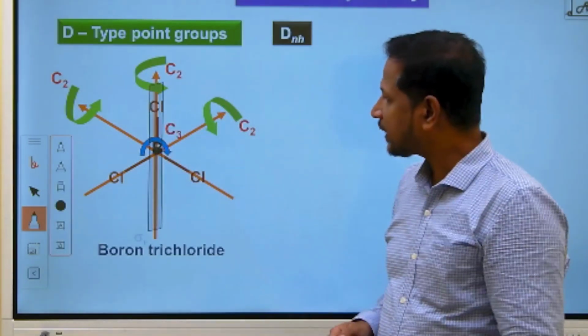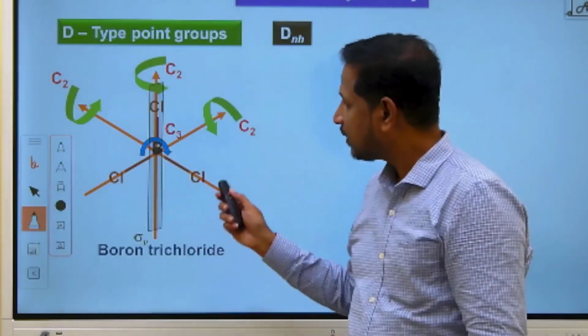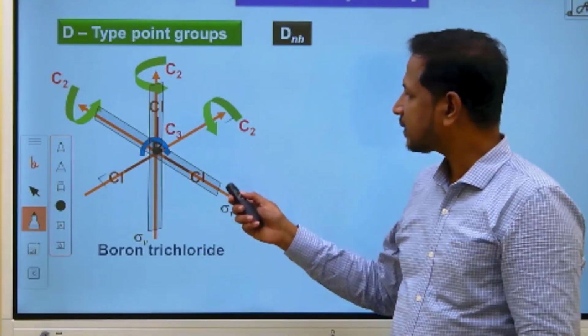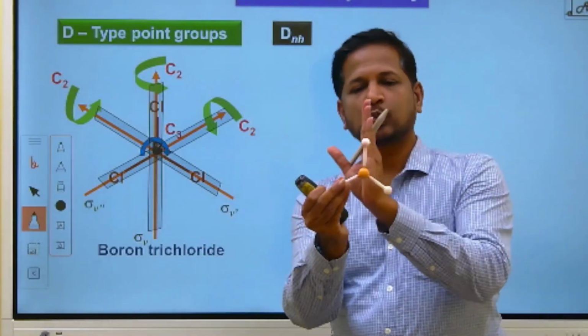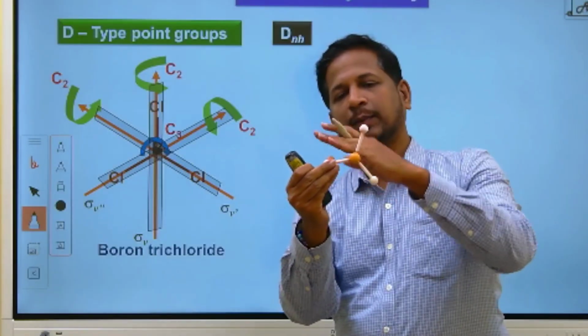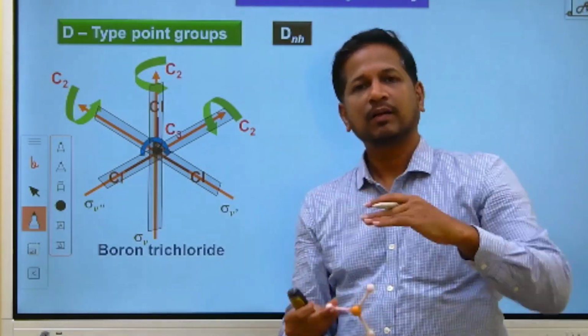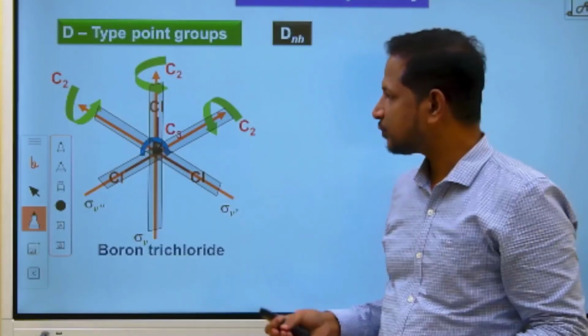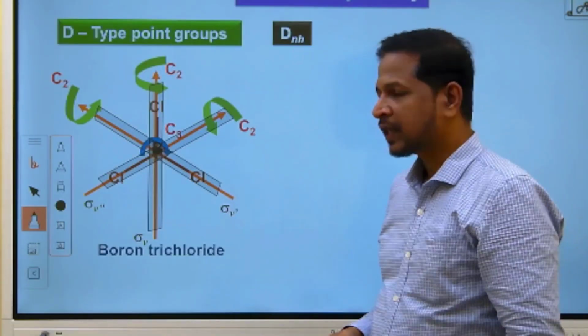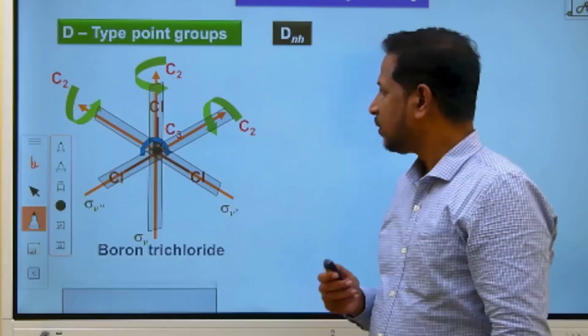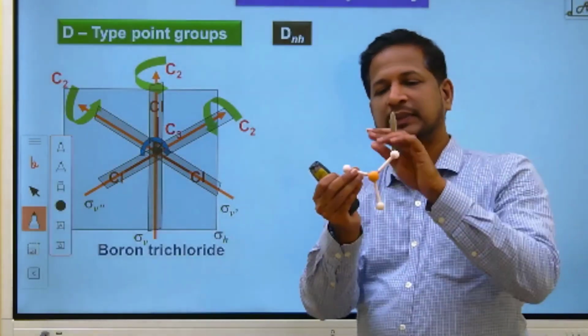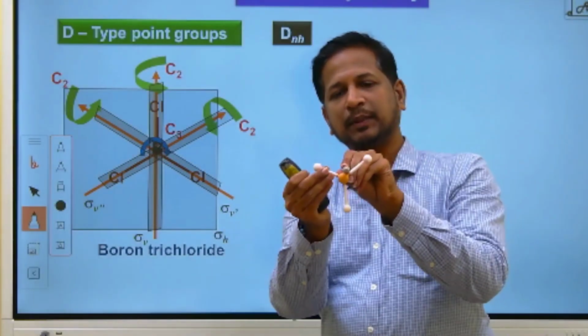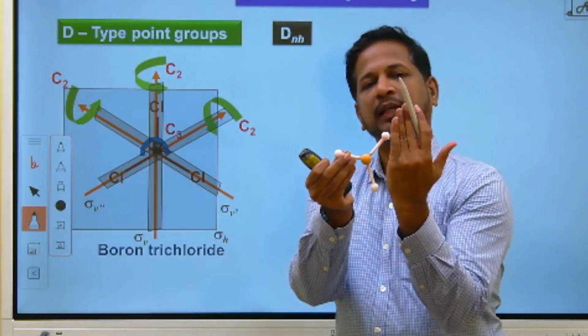Now there is a first vertical plane, a second vertical plane, and a third vertical plane, which divide the molecule into two halves which are mirror images of each other. And there is one more plane which is perpendicular to the principal rotational axis. So this is the principal rotational axis, and this is the plane I am talking about.